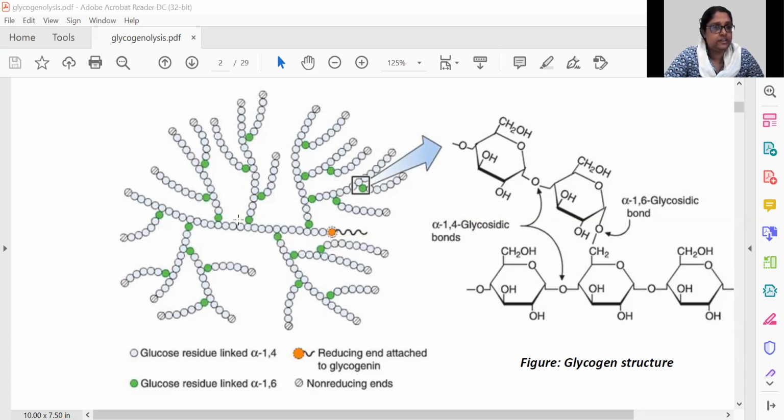It has the alpha 1,4 linkages that are the plain open chains, then the alpha 1,6 linkages shown in the green dots, and then it again continues with alpha 1,4 linkages. These are the non-reducing ends, and this is the reducing end. So this is basically the structure of glycogen.